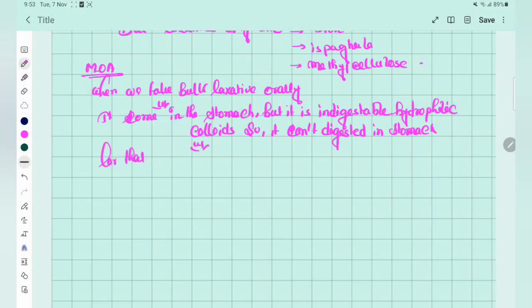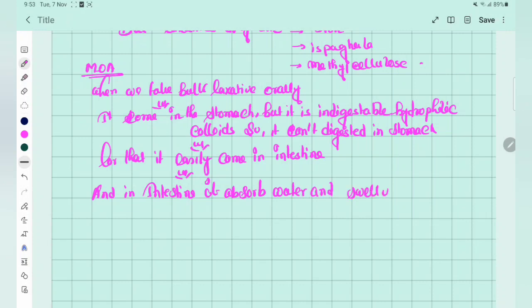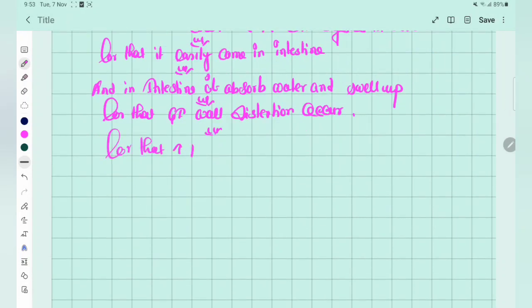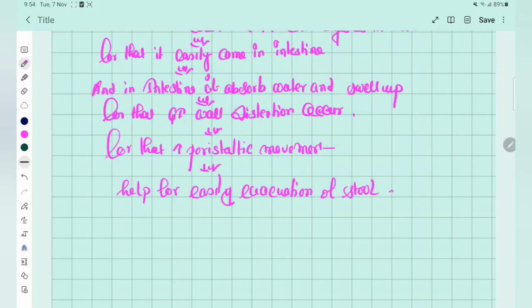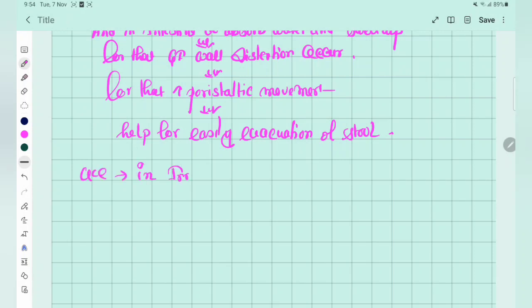For that, it easily comes into the intestine, and in the intestine it absorbs water and swells up. For that, GI wall distension occurs, and for that, peristaltic movement increases, and it can help in easy evacuation of stool, and it is used in irritable bowel syndrome and in diverticulosis.